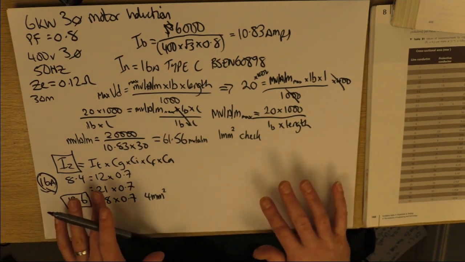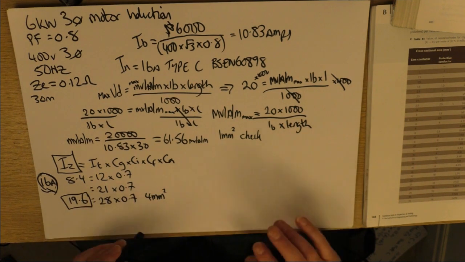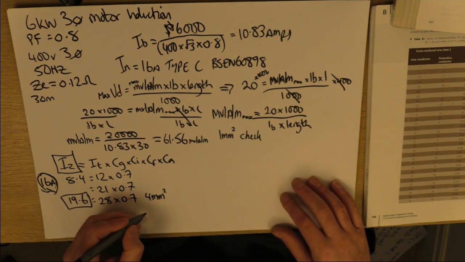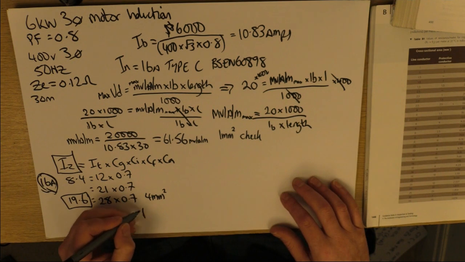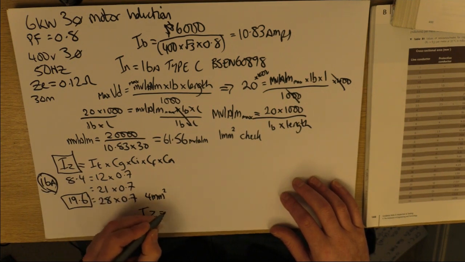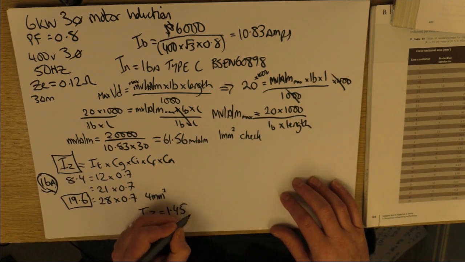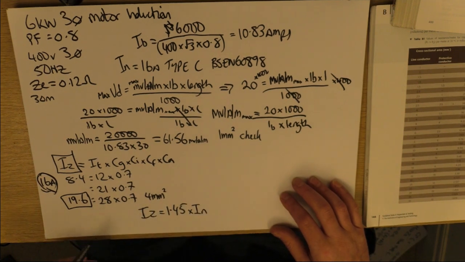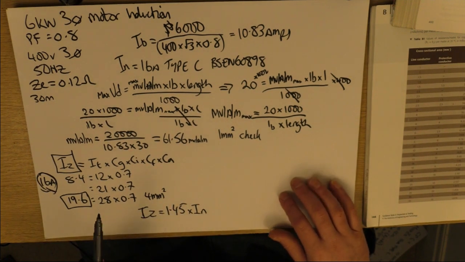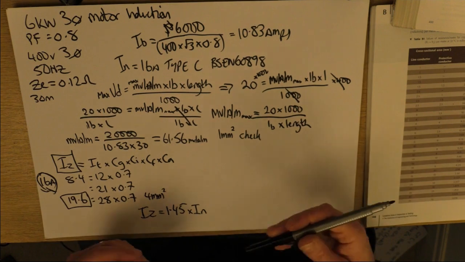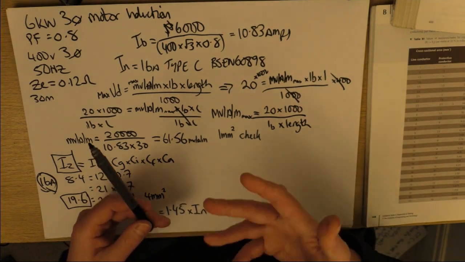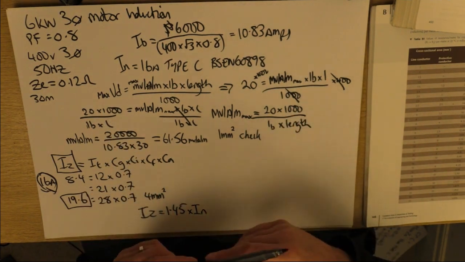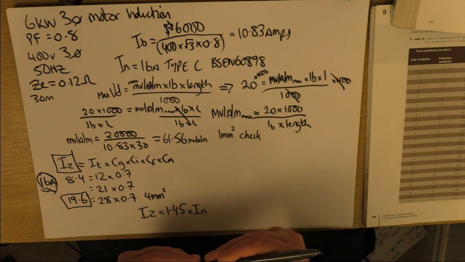If there was any chance that the circuit could get overloaded, then what you'd want is your IZ to equal 1.45 times your IN. And that just allows a bit of overload time, because MCBs, on a slow overload, it takes a bit of time for them to heat up and trip.